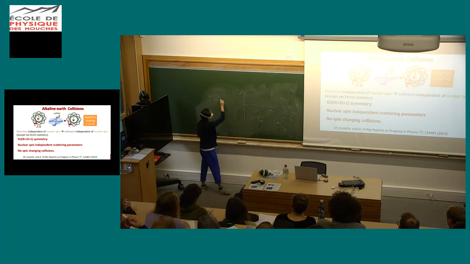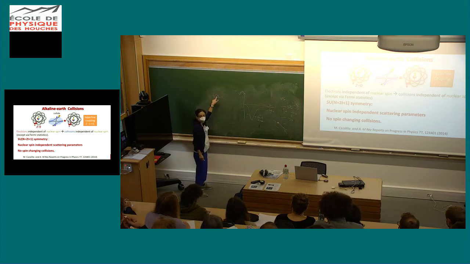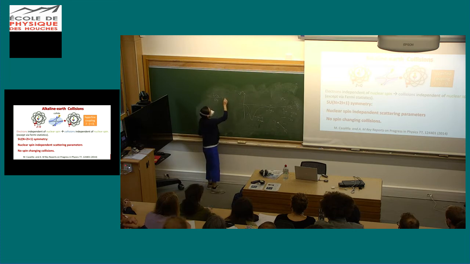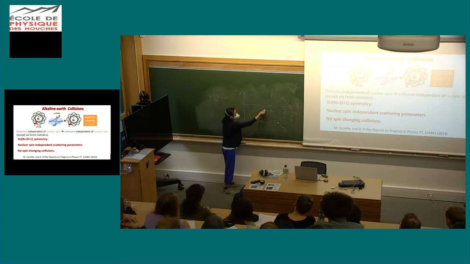So if we're going to try to estimate how much you break the symmetry, if there is any dependence of the scattering lengths on nuclear spin, the simple estimate is going to be associated with the corrections of the potential that couple different nuclear spins. The time when you have a collision is determined by the time that the particles spend in this very short range region of the potential.